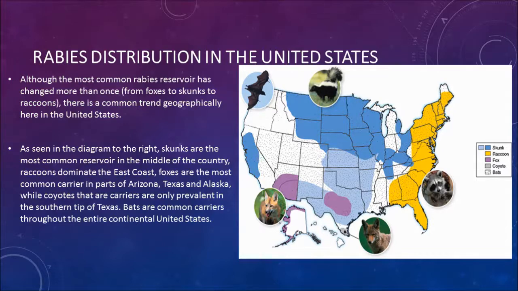Foxes are the common carrier in parts of Alaska, parts of Texas, and parts of Arizona. And skunks actually serve as the biggest carrier up in the northern part of the United States, as you can see there on the map. Bats are common carriers throughout the continental United States, regardless of which state you're talking about. You can see that they're common throughout pretty much every state.